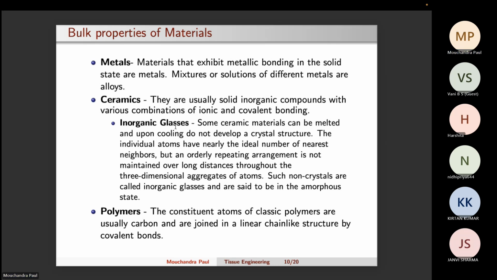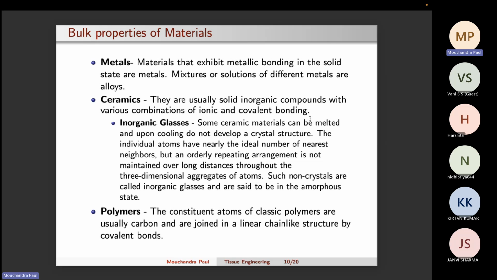Now there is another class called ceramics. Here the atoms are linked together by ionic and covalent bonds, present in various combinations, and they are inorganic in nature. Means inorganic elements are present in the ceramics.